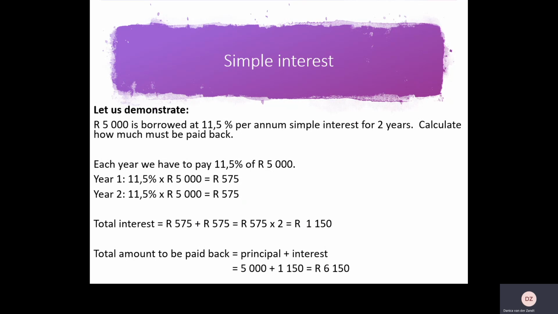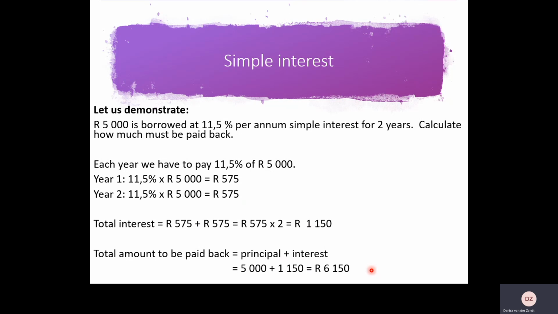Now to get my accumulated amount, it's my principal, this 5,000 here, and my interest, added together. So the total amount that has to be paid back is 6,150 Rand.